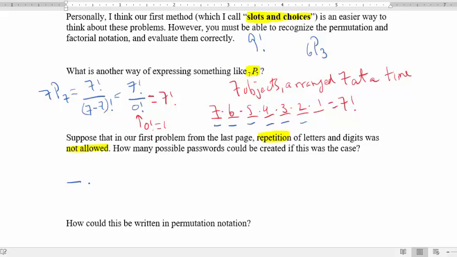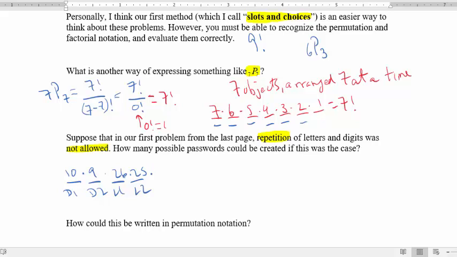You can still say, all right, I have 2 digits and 2 letters: digit 1, digit 2, letter 1, and letter 2. But now the difference is, for the first digit, yes, I would have 10 choices. But for the second digit, I can't repeat whatever I chose, so I'd only have 9 choices. For the first letter, I'd have 26 choices. But for the second letter, I wouldn't be able to repeat whichever one I chose, so I'd only have 25 choices.